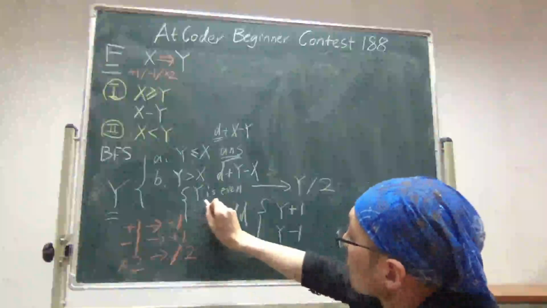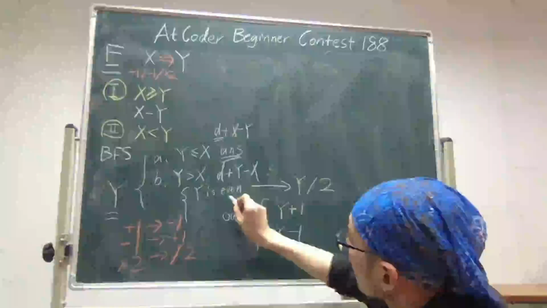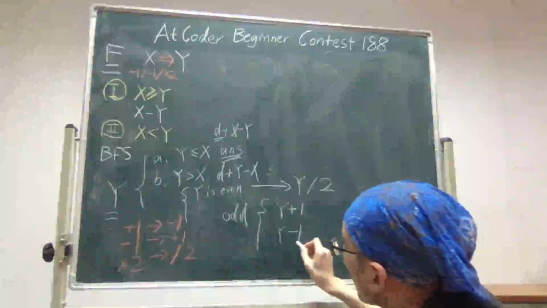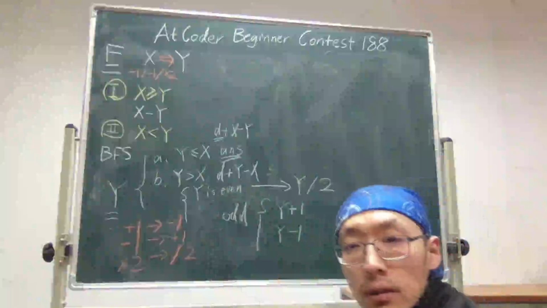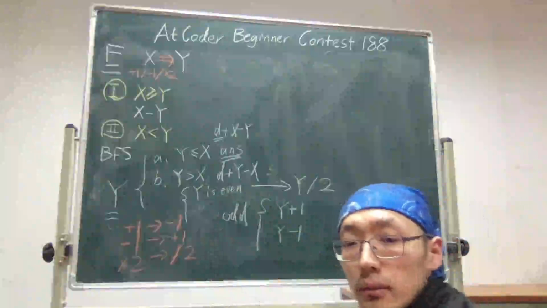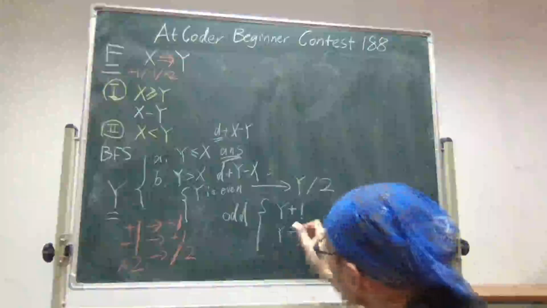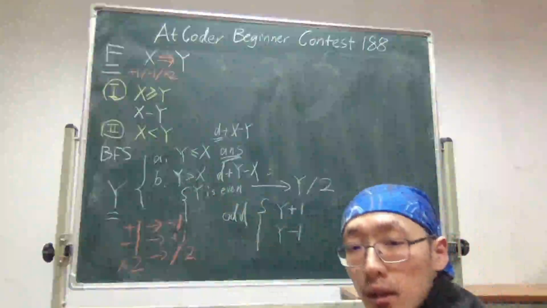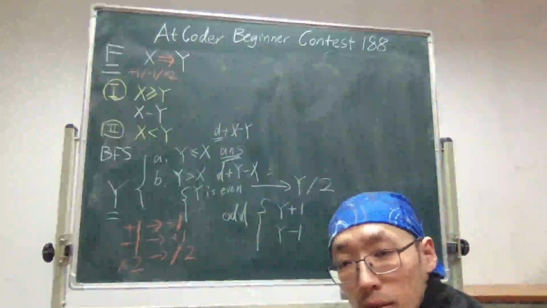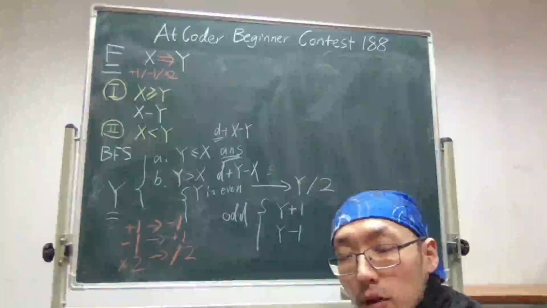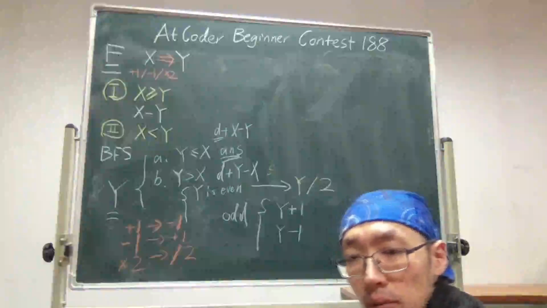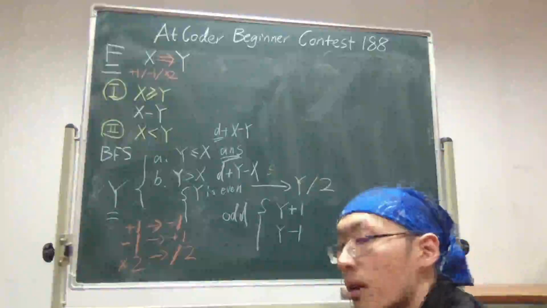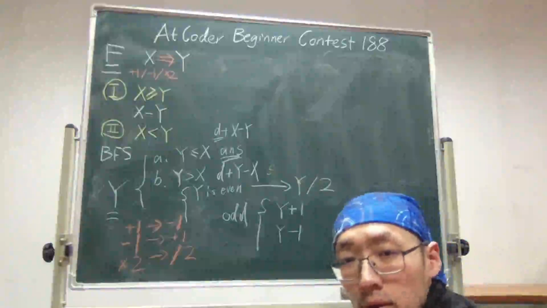So in this case, why don't we choose plus 1 or minus 1 when y is even? Because if we choose plus 1, since y is already larger than x, plus 1 will make y more distant from x, and that's not what we want.